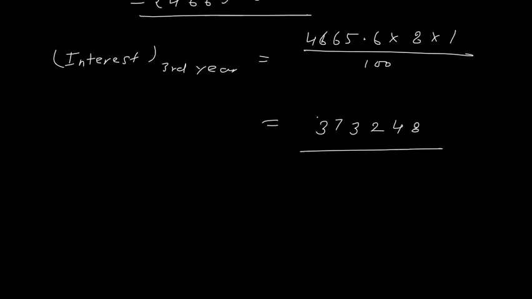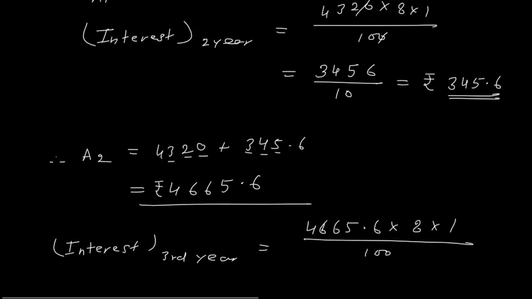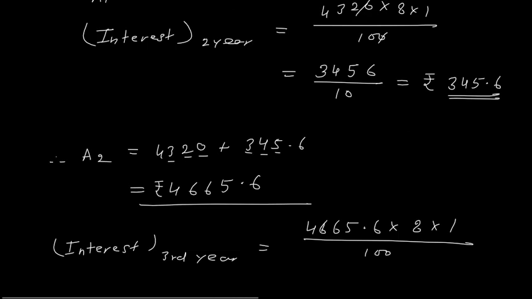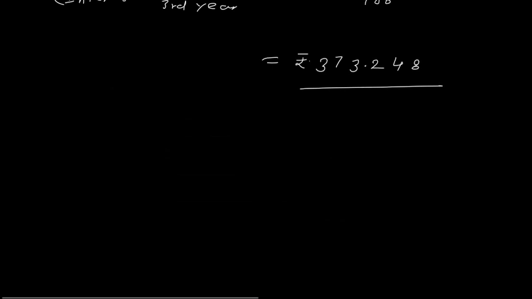So divide by 100, so after 3 decimal places we put the decimal point. So the interest for the third year is rupees 373. You can keep a check that the interest for the third year should be more than the interest I got for the second year.